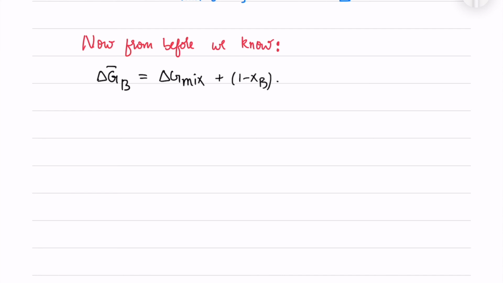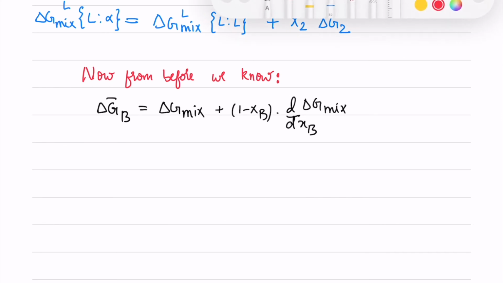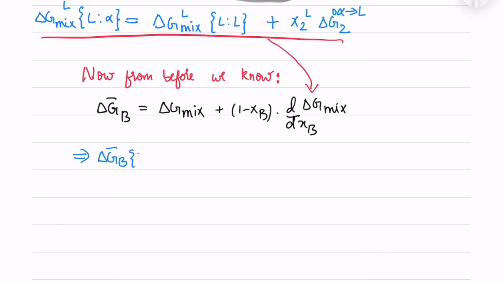So from before we know, we will use the same equation to find the delta GB. So I'll input this equation into this and differentiate it. So you already know for the delta G mix liquid, this is the equation, and we have this term.